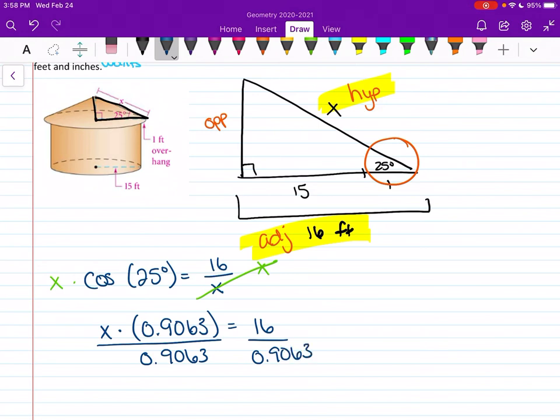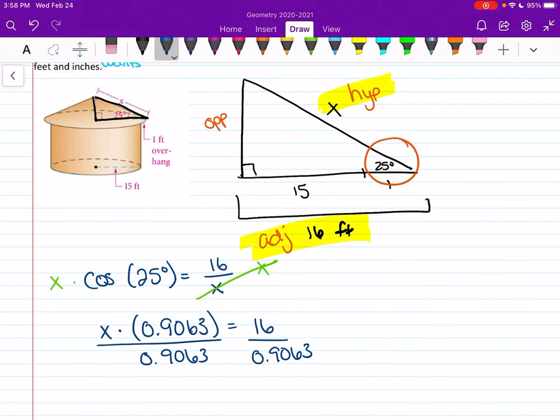I apologize. So then I want 16 divided by that. And oops, nope, that's not what I want. I accidentally multiplied.